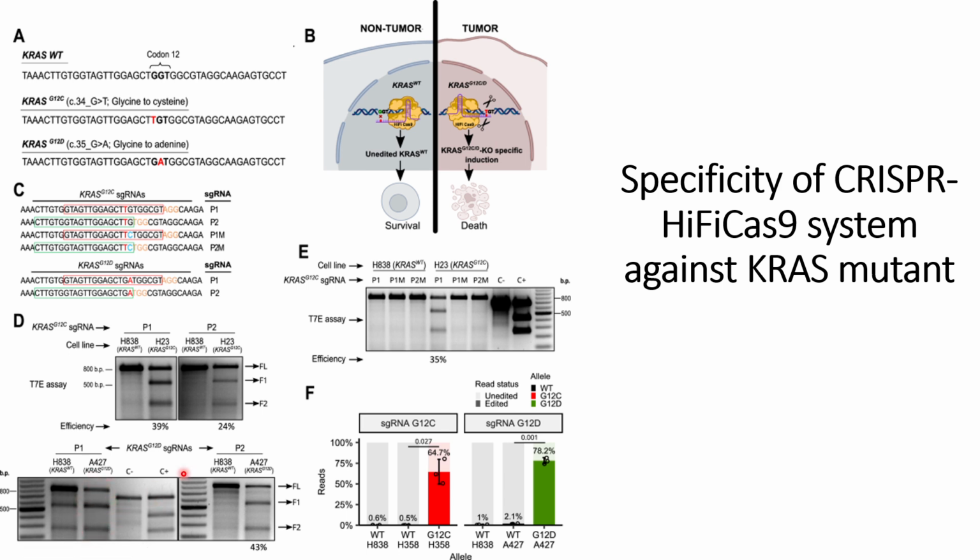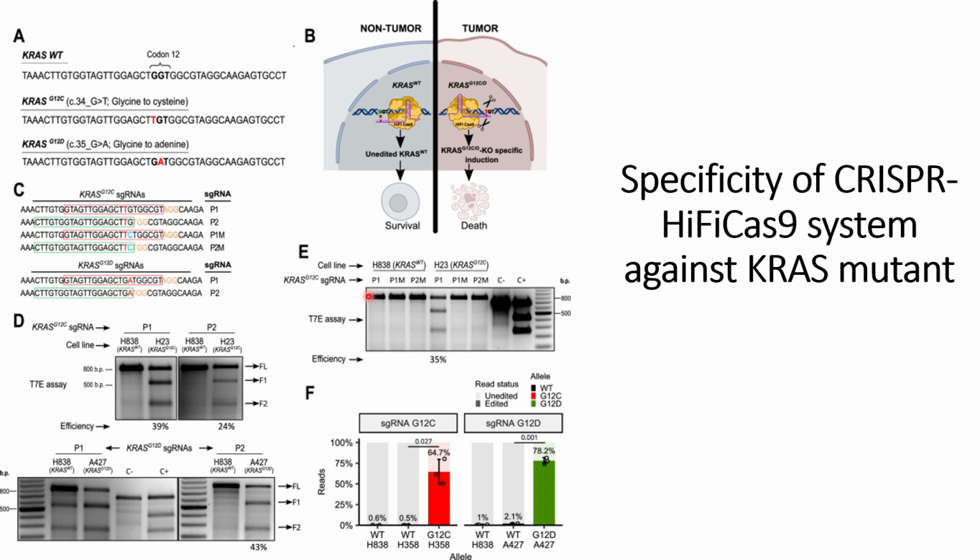But when they use the P2 guide RNA, they can see minimum multiple bands in the wild type KRAS and more multiple bands in the case of KRAS G12D, and here the efficiency is also high. So for KRAS G12C they will use this P1 guide RNA, and for KRAS G12D they will use this P2 guide RNA.